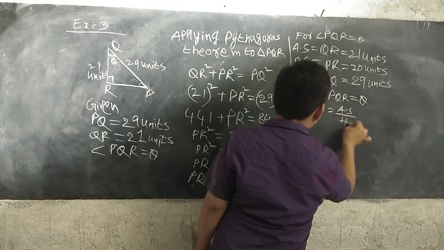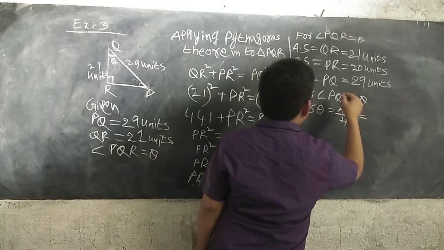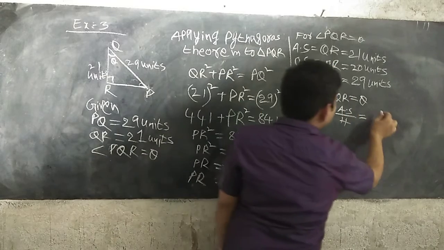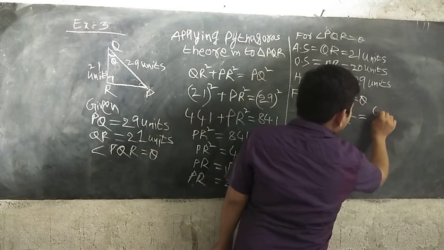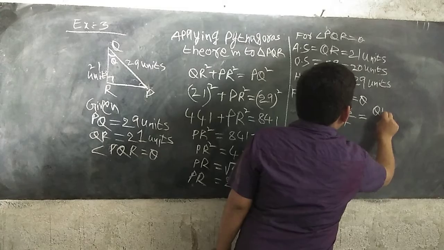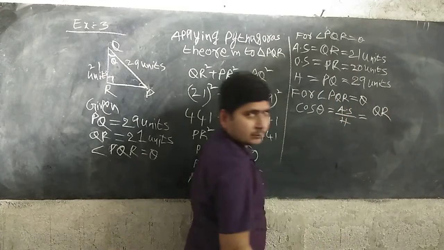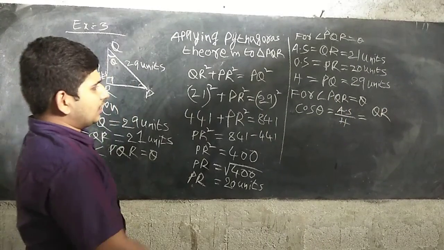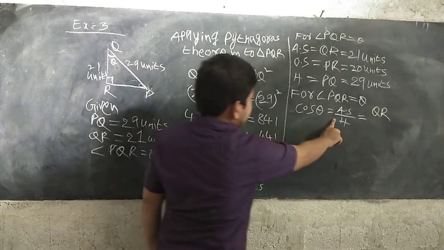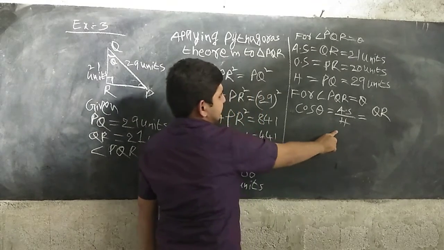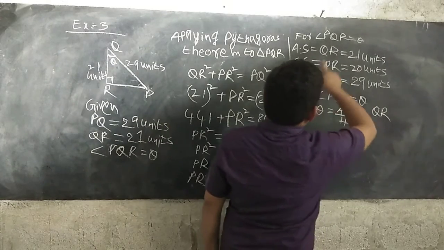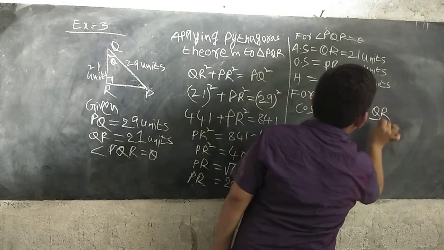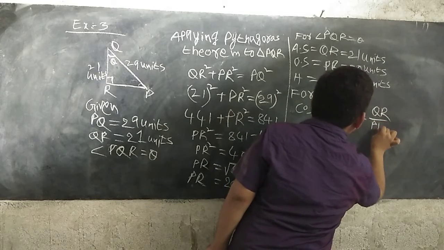Adjacent side is QR and hypotenuse is PQ.